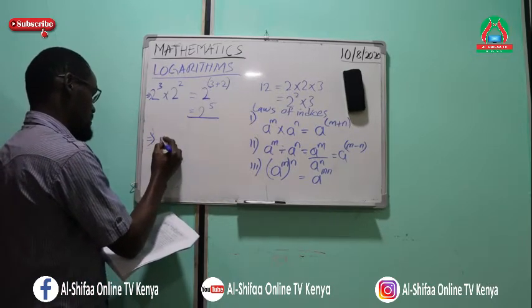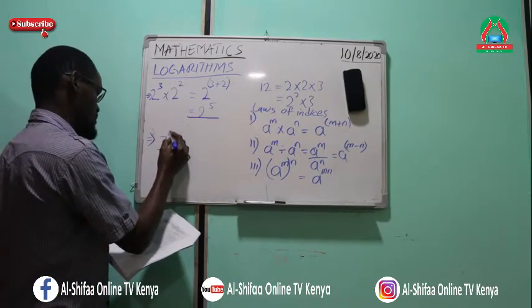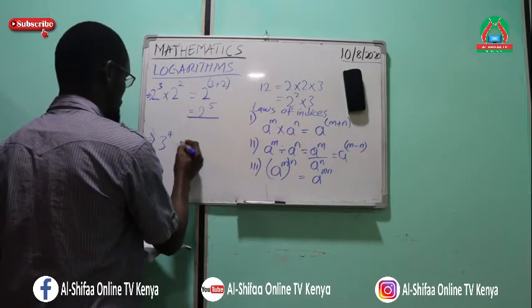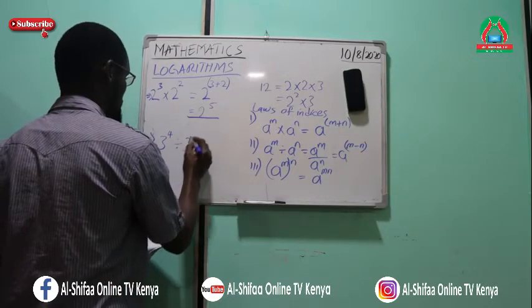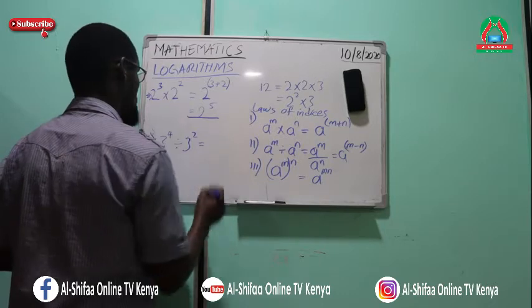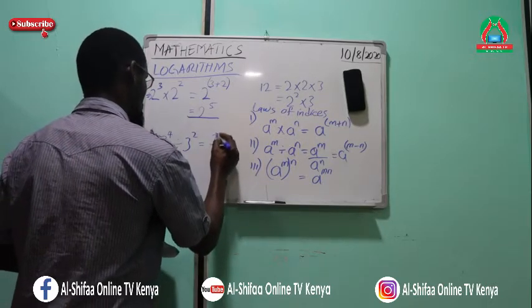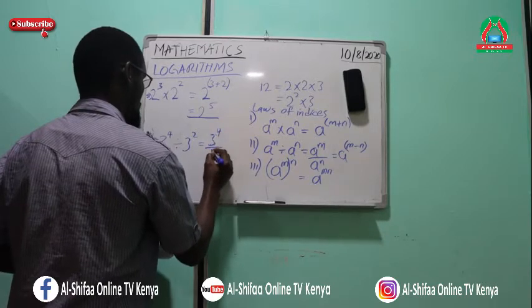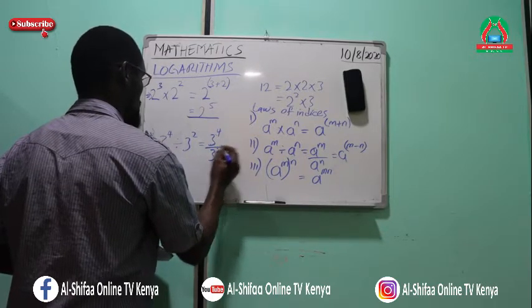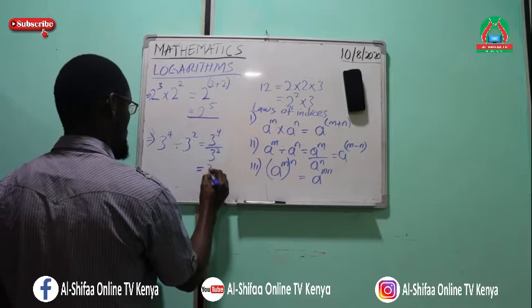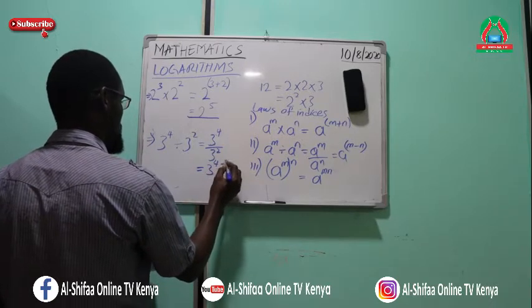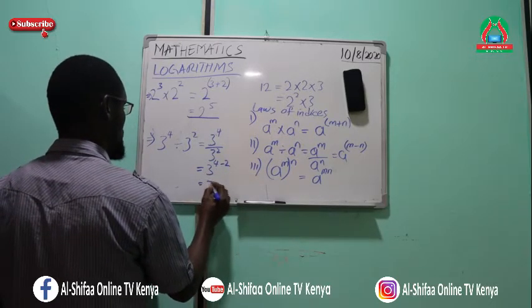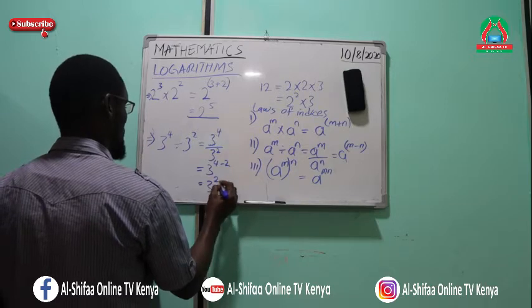Take 3 power 4 divided by 3 power 2. This will be equivalent to 3 power 4 over 3 power 2, which equals 3 power 4 minus 2, which is 3 power 2.